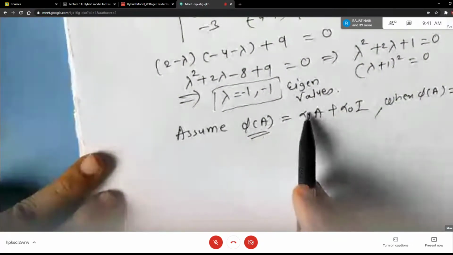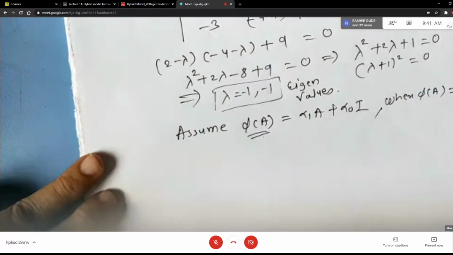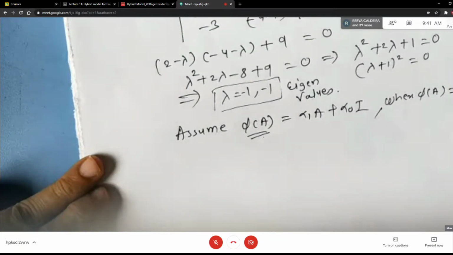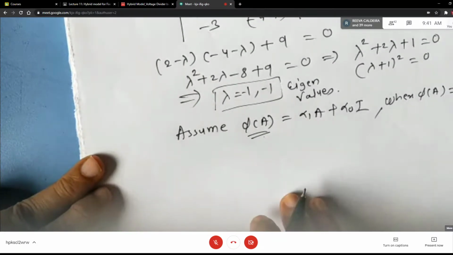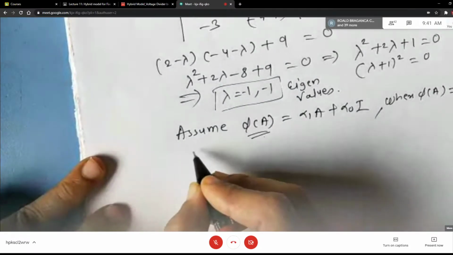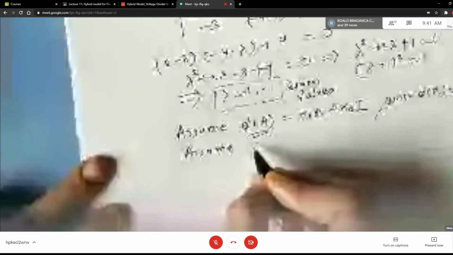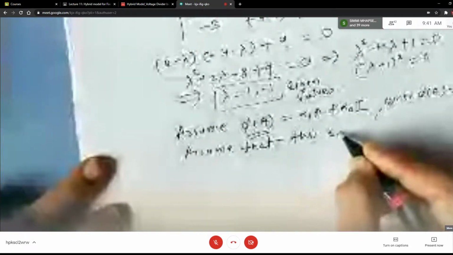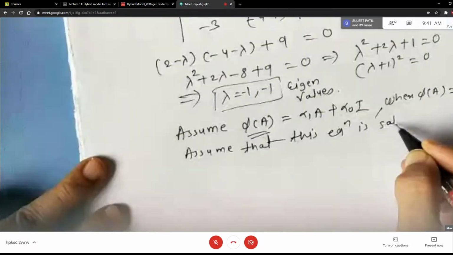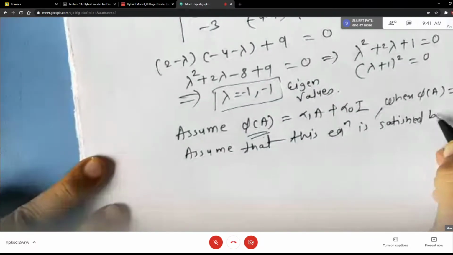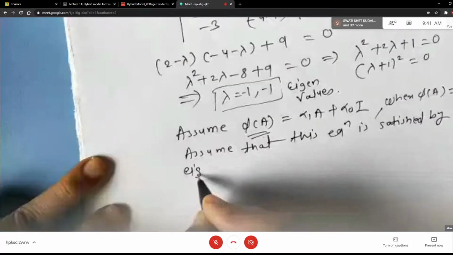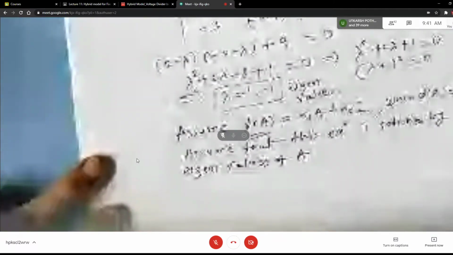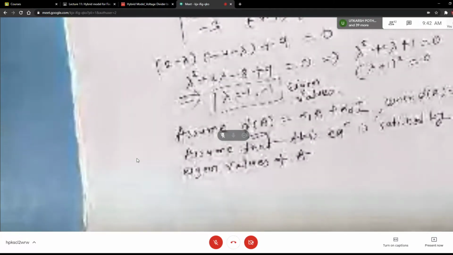To find out the right hand side, you need to find out alpha naught and alpha 1. And how to find alpha naught and alpha 1? As I said, there is a particular method which we are going to follow. Now, assume that this equation is satisfied by eigenvalues of matrix A. Read this sentence carefully, students.